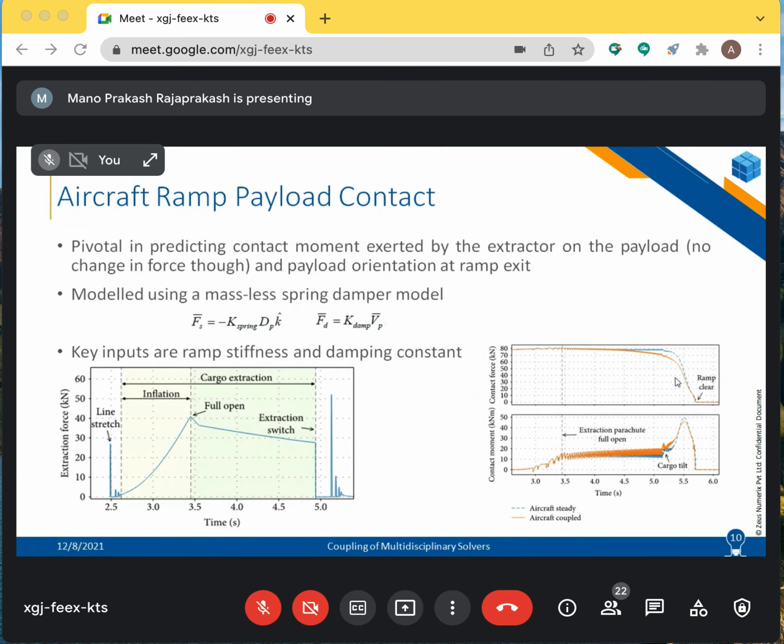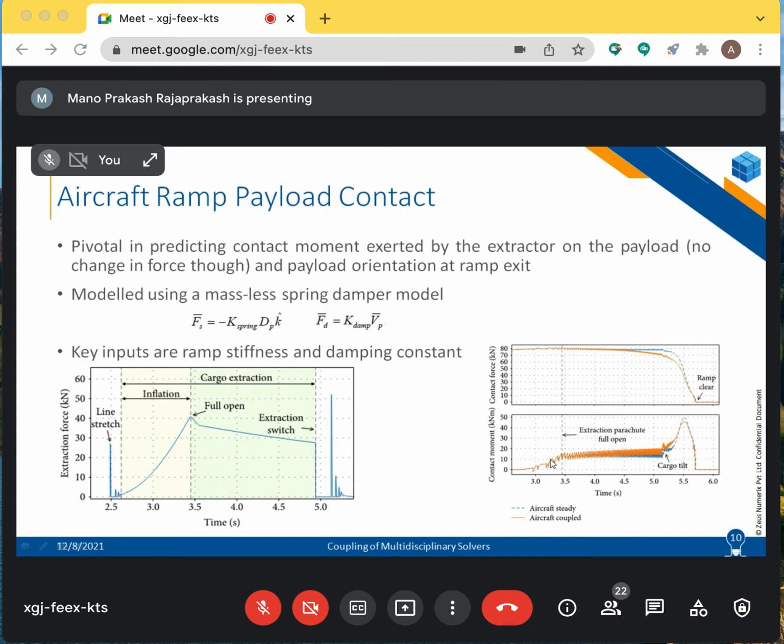At that instant, the contact force will gradually start reducing, because the entire weight is not being exerted on the ramp. That is why the contact force starts reducing, and ultimately it goes to zero. When it goes to zero, it indicates that the payload has cleared the ramp. So this is the contact force explanation.